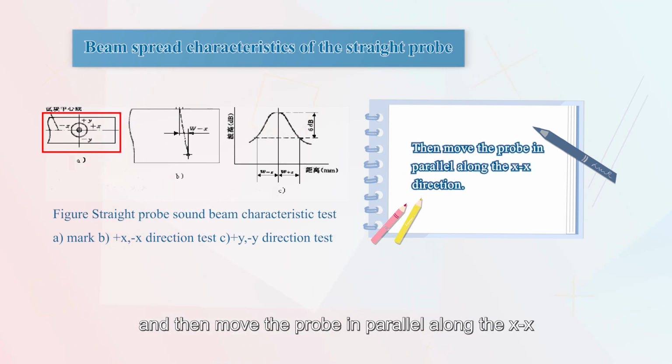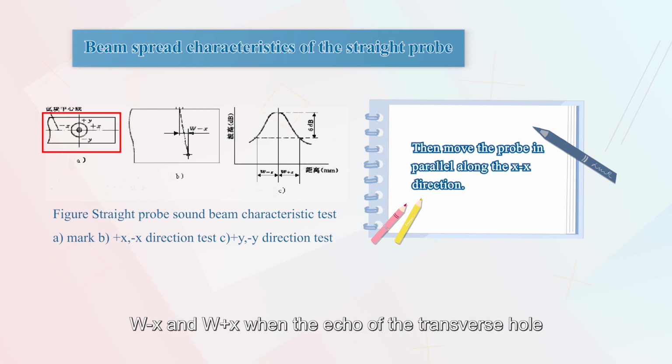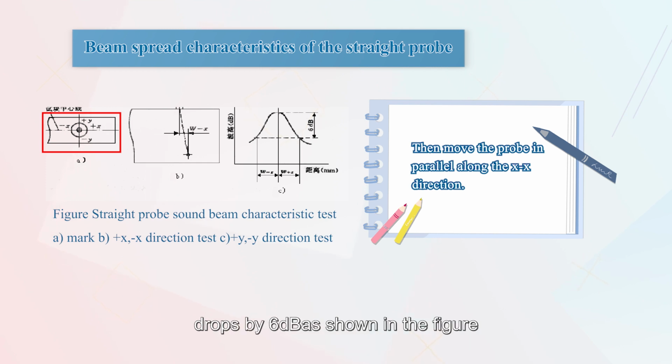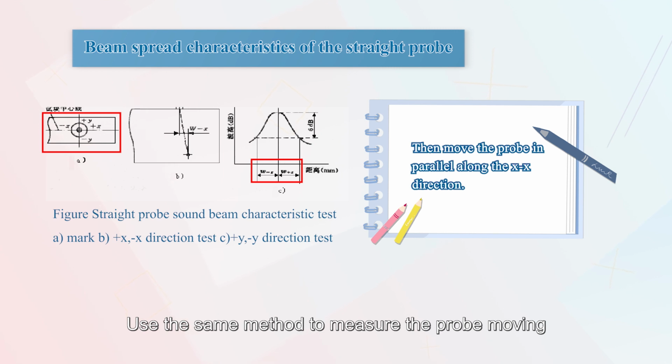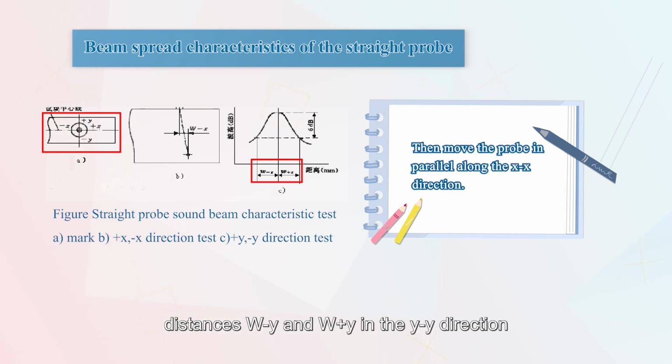Then move the probe in parallel along the x-axis direction and measure the probe movement distance Wx and Wx' when the echo of the transverse hole drops by 6 dB, as shown in the figure. Use the same method to measure the probe movement distance Wy and Wy' in the y direction.